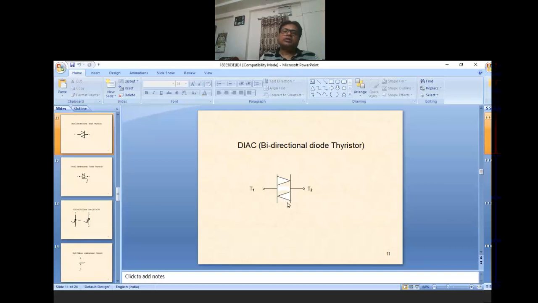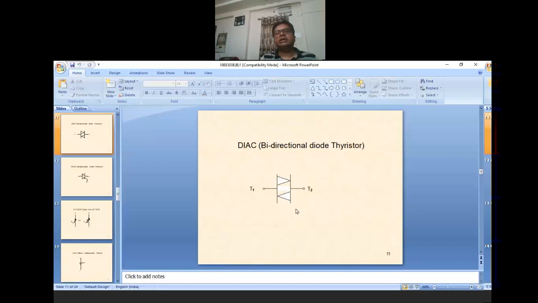So when compared to conventional diode, which conducts only in one direction, that is forward bias, as diac comprises of two diodes connected in anti-parallel, you can just imagine that in one direction, that is from T1 to T2, the upper diode conducts, and in the other direction from T2 to T1, the bottom diode conducts.